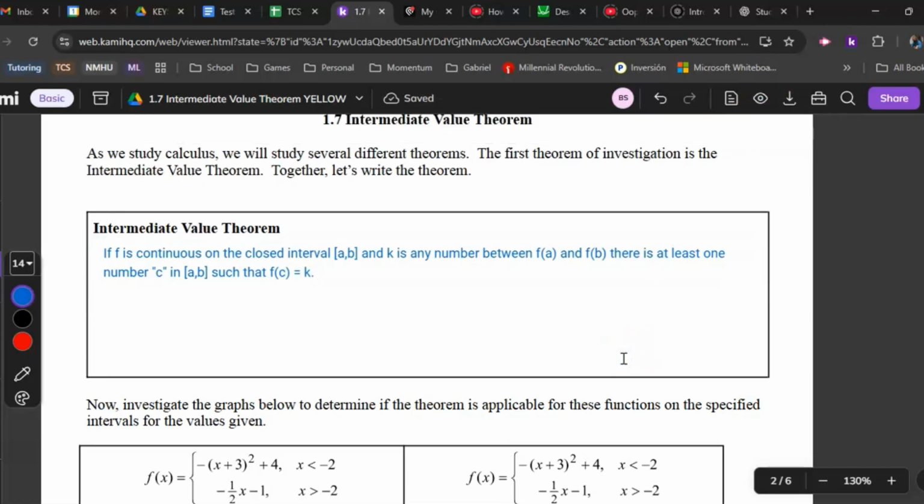I'll let you write that down, and then we'll put that into simpler terms. I promise I have an easier way to explain it.